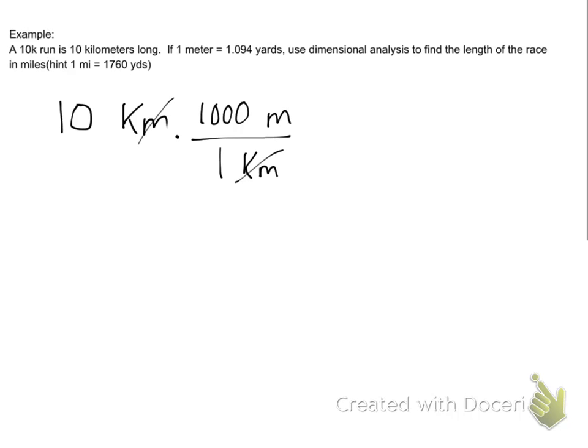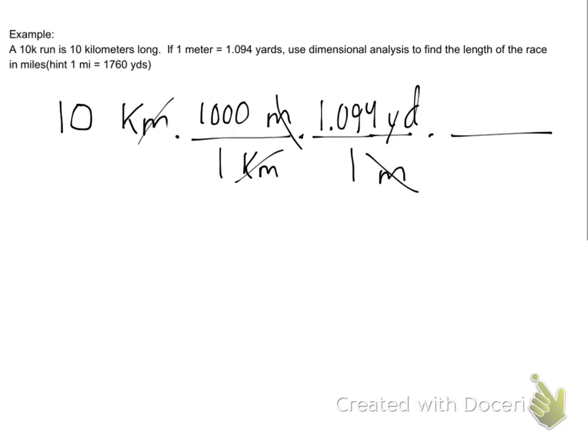1,000. So kilometers cancel out. Now I'm left with meters. Now I can go from meters to yards. 1 meter is how many yards again? 1.094 yards. I'm now out of meters. I am now in yards. And I know a conversion to get me to miles now. 1 mile is how many yards?